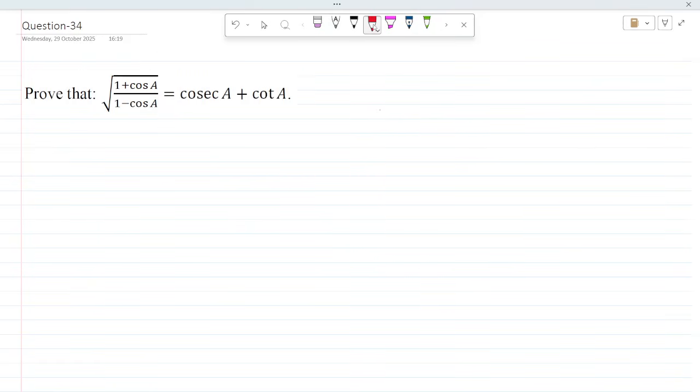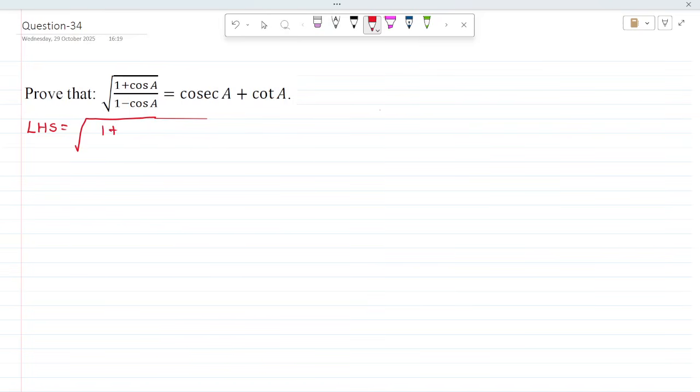Try to do faster, you people, those who know. Prove that this. Take the LHS. What is the LHS? Root of. What I will do is rationalization.